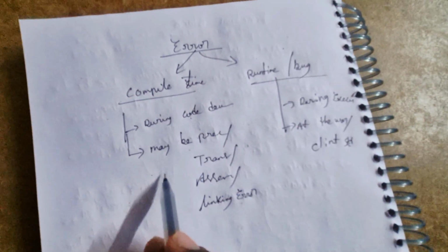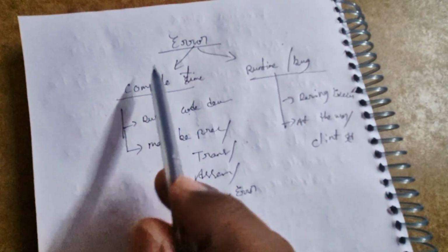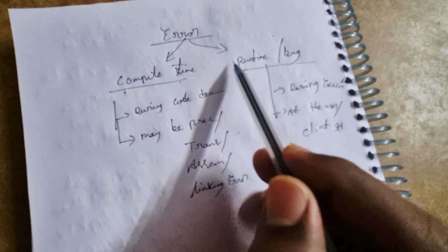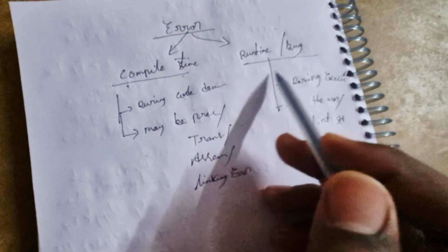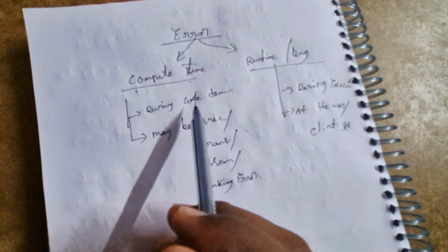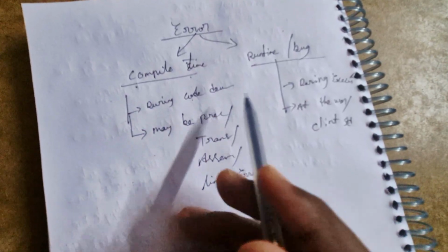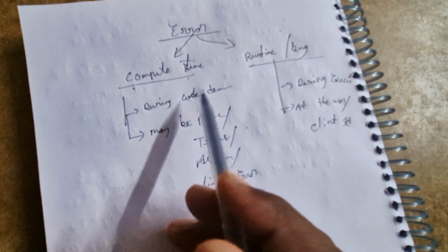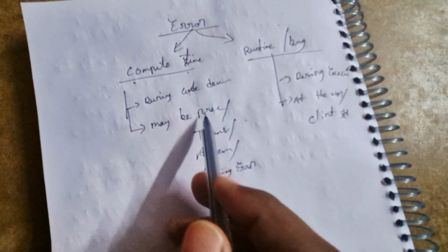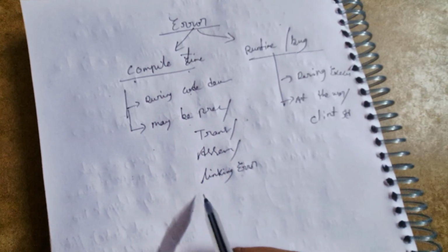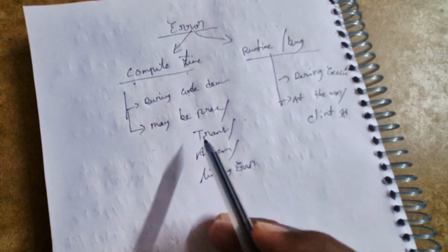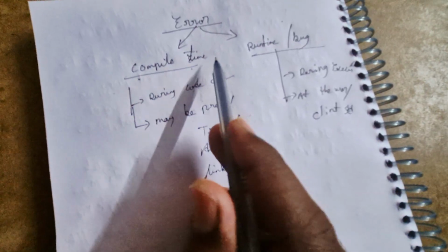So there are two types of errors: compile time error, and runtime error or bug. The errors in the preprocessor, translation, assembler and linker stages we discussed are all compile time errors.